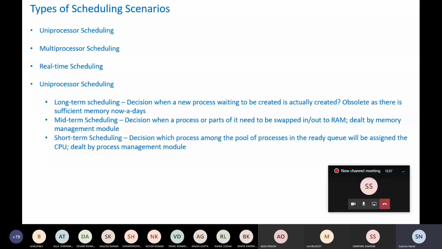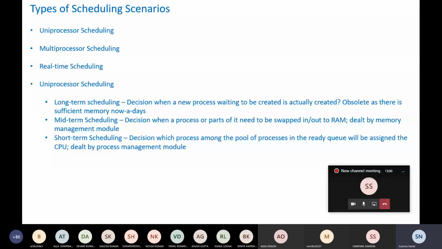Multiprocessor scheduling is whenever you have, say, a quad core or dual core, so you have multiple CPUs, and definitely more than one process. There might be other issues: it's not that the top four processes in the ready queue will just be passed on to the four CPUs in a quad core, or the top two in a dual core.